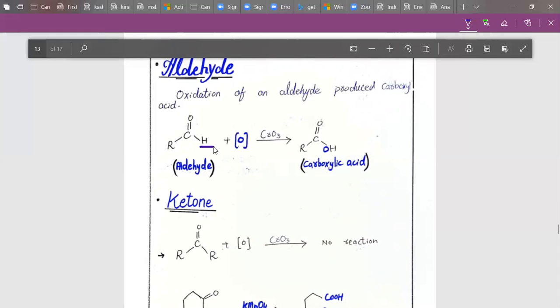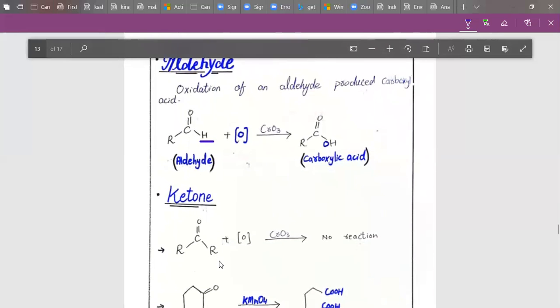For example, this hydrogen is directly attached to carbon, so the oxygen is easily attached at this point. But a ketone does not have any such hydrogen, so we can say that this reaction cannot undergo an oxidation process.